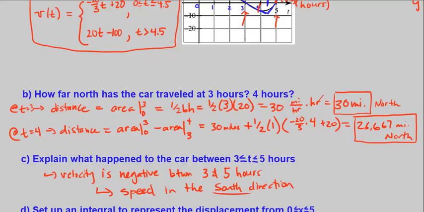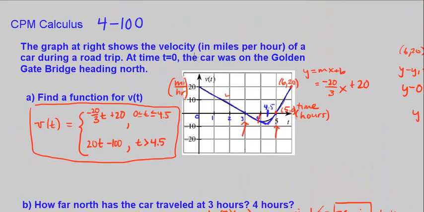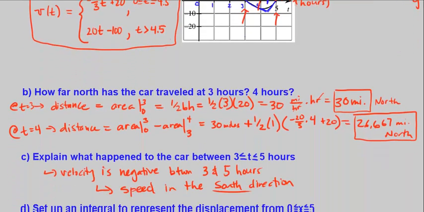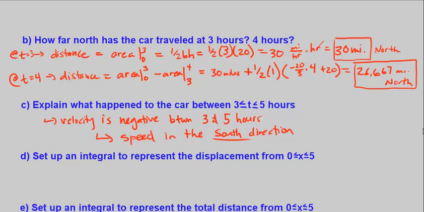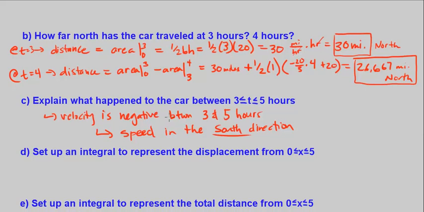And why do I say south? Because remember at the beginning, this graph is showing the velocity traveling north, right? And velocity is a vector versus magnitude, which is speed. Speed has magnitude, velocity has magnitude and direction. So speed in the south direction is the negative velocity.